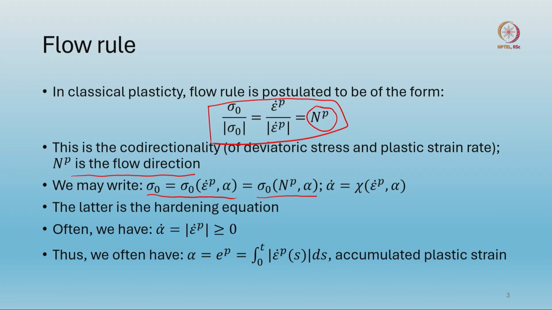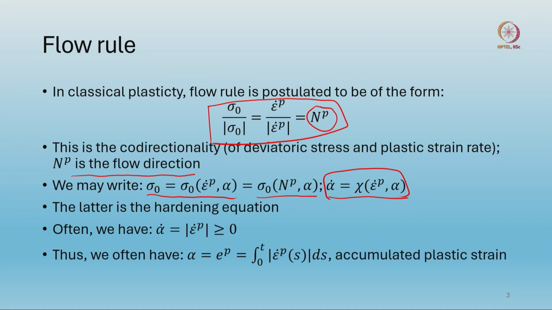But I need an extra equation to determine my alpha, the hardening variable. This equation is typically in this form, another ordinary differential equation, alpha dot is equal to some chi, a function of the plastic strain rate, epsilon p dot, and alpha itself. This equation is called the hardening equation.